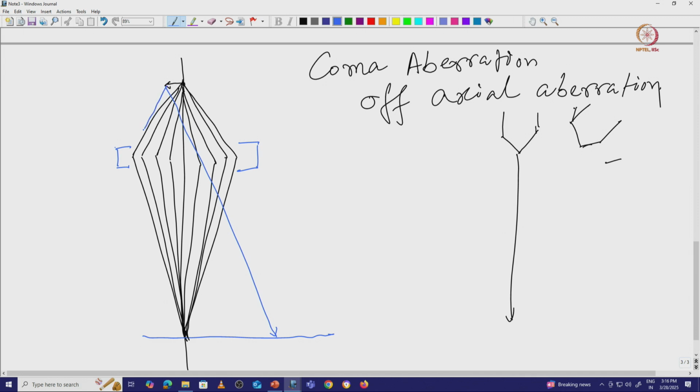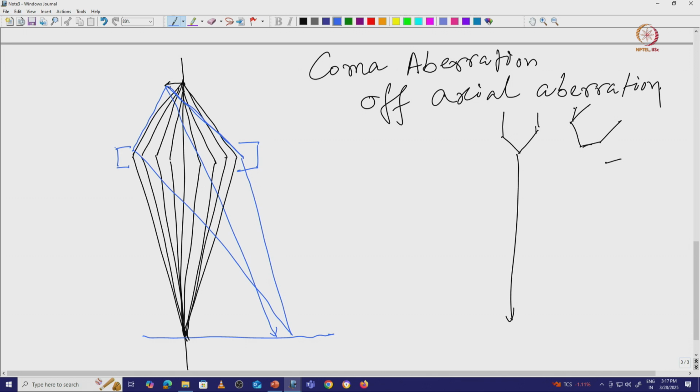Now this is the first ray, and here the first blue ray is coming. This ray will go and converge somewhere here, and this ray will also come and merge at this particular point. Then what about the rest of the rays?